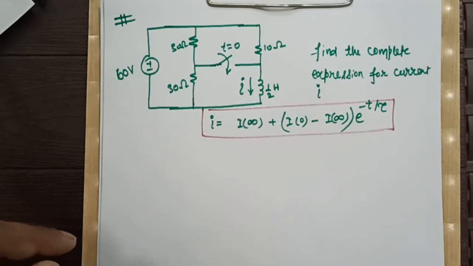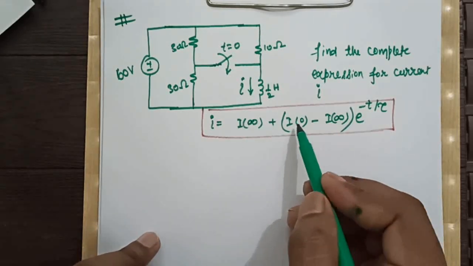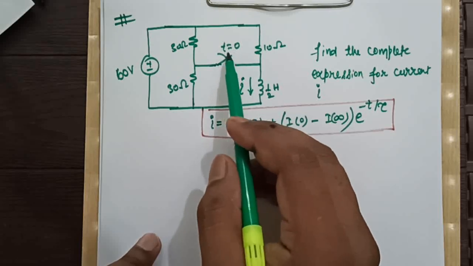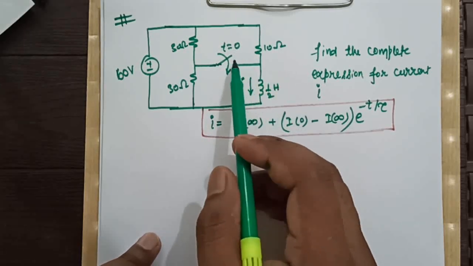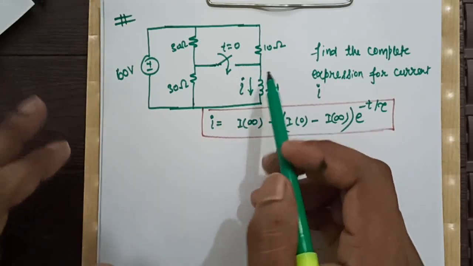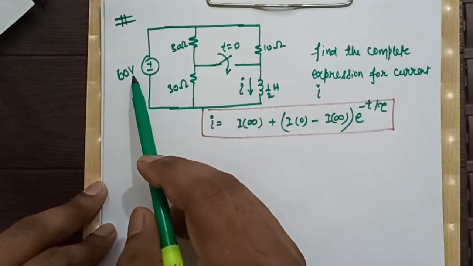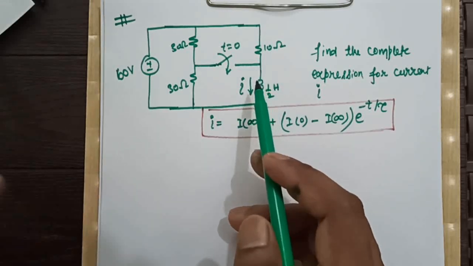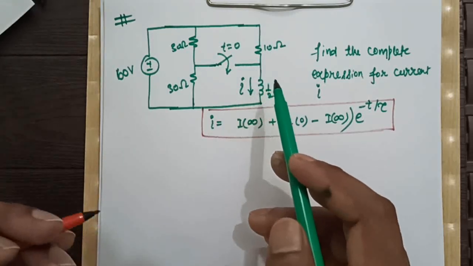So as I have analyzed the circuit just before, what will be our I naught? Since before time t equal to 0, or before switching operation, what was the current? This inductor was in steady state with the 60 volt source, so this was acting like a short circuit, as this was in a steady state for a long time.